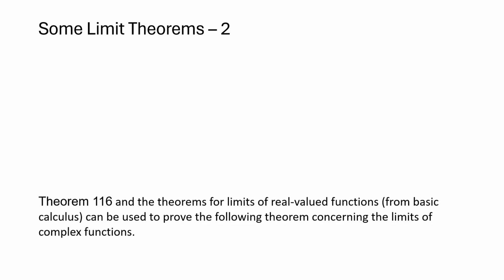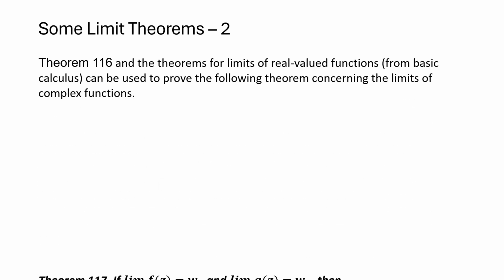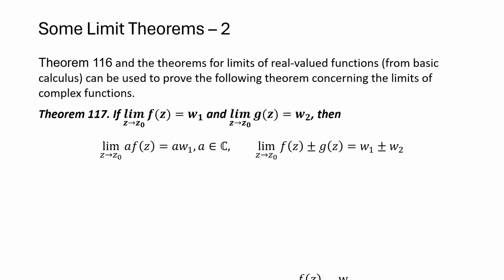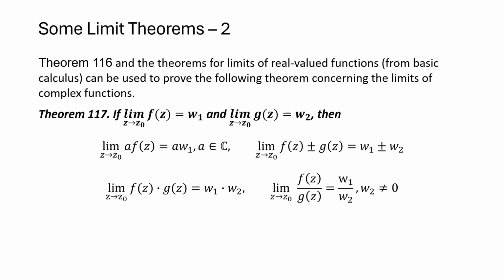Okay, using the theorem from the previous slide, we can prove this theorem here, which again, I'm not going to go into the details of, but it's very similar to what's done for real variables. You have the limit of a constant times a function is just that constant times the limit of the function.